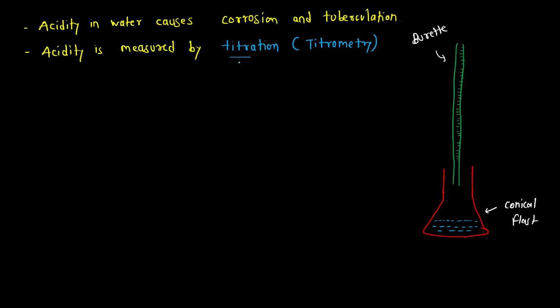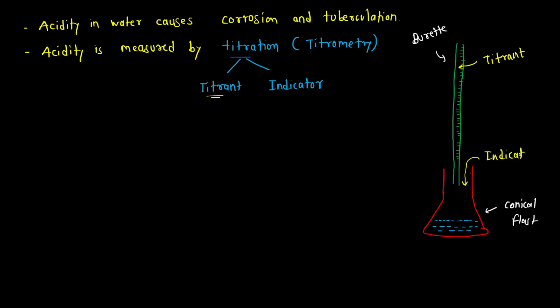One is the titrant, and the other important thing is the indicator. The titrant goes in the burette, so the liquid present in the burette is the titrant, and the indicator is present in the flask.